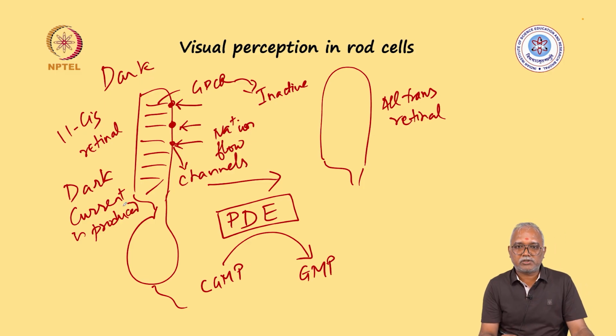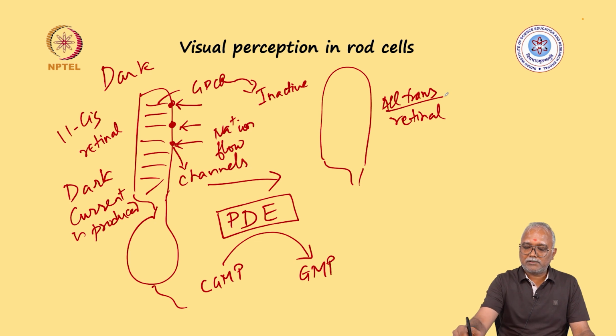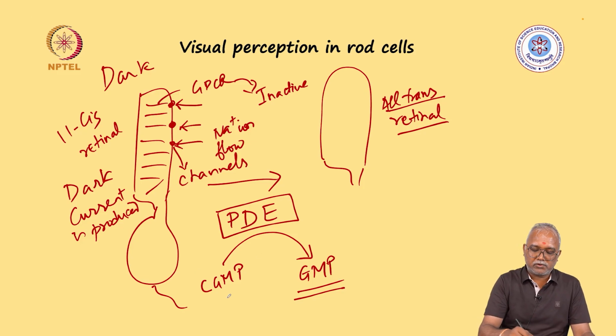Now when the light has shone on these rod cells, all-transretinal is generated, which activates the receptor. Cyclic GMP is converted to linear GMP by the activity of phosphodiesterase, and now in the absence of cyclic GMP, the channels which are here are closed.